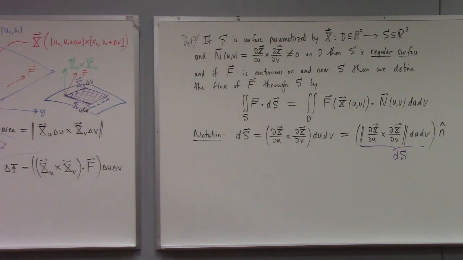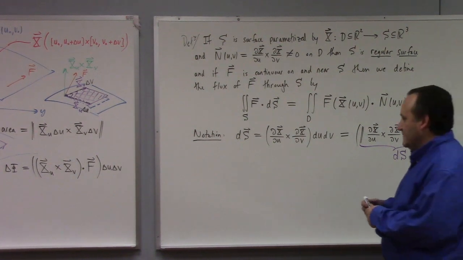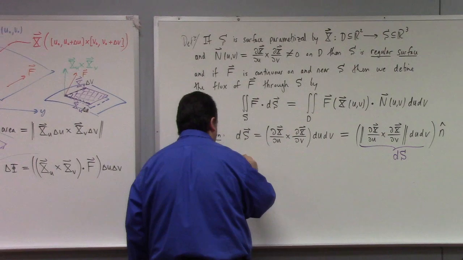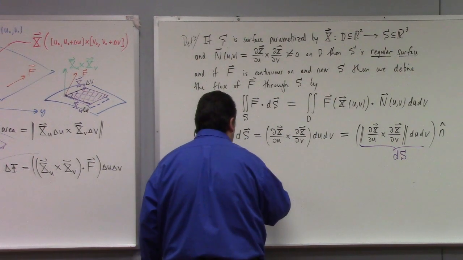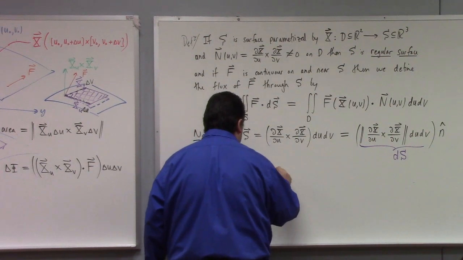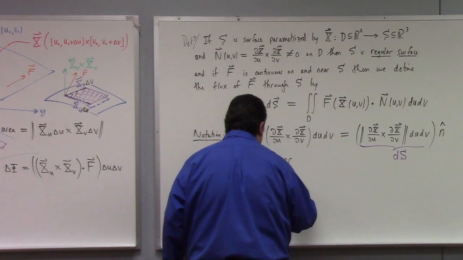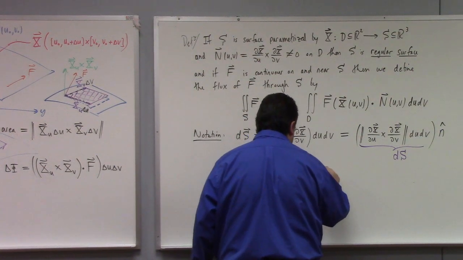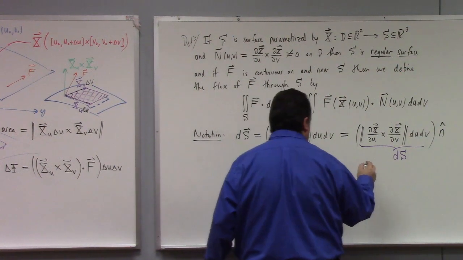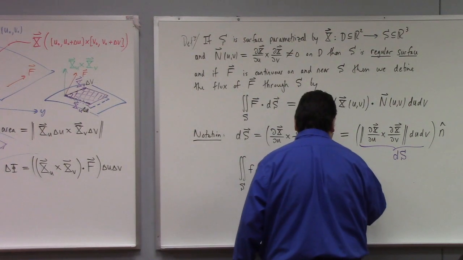For example, if I wanted to calculate the surface area of a parametrized surface, how would I get that? By almost the same thing I've set up already here. So we might as well just define it while we're at it. The integral over the surface of a scalar function f times ds is just equal to the double integral over D of f evaluated at the parameterization, multiplied by ds.